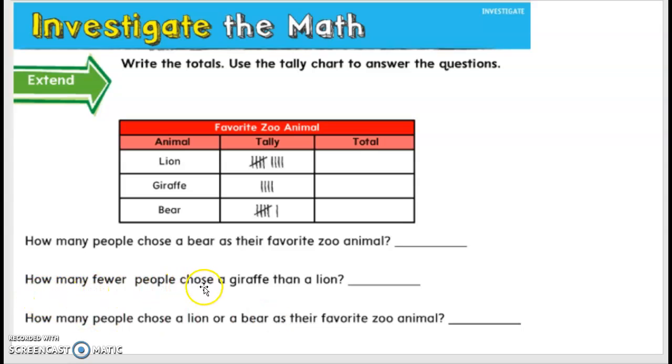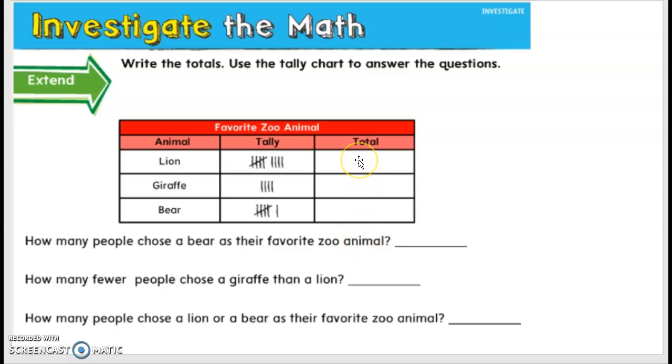How many fewer people chose a giraffe than a lion? Well, let's see. The lion had 4, 5, 6, 7, 8. Sorry, 5 plus 4 is 9. And the giraffe had 4. So how many fewer people chose a giraffe than a lion?